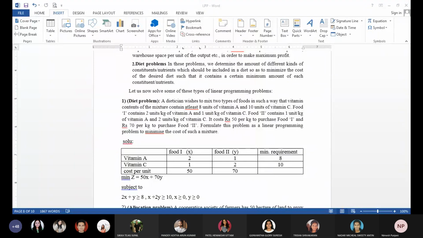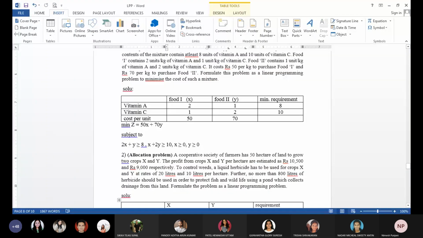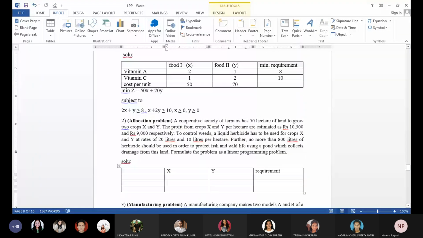Yes, sir. Clear. Okay. So try to solve the second sum. No need to write out the whole textual question, because I will put the PDF. So no need to write the question now. You just make a table and get the objective function and the constraints.